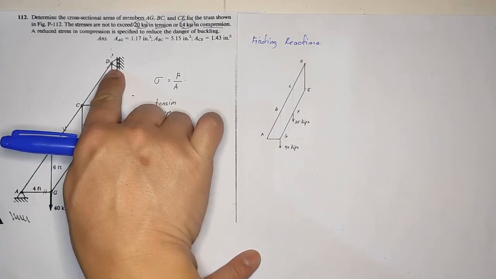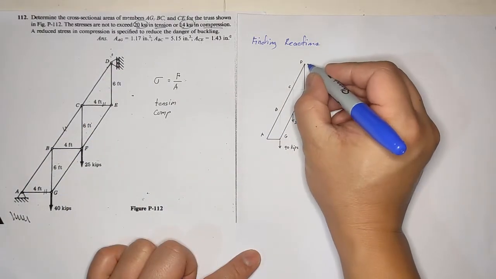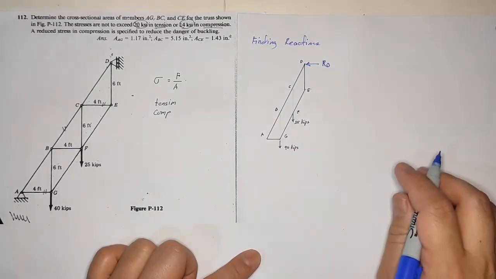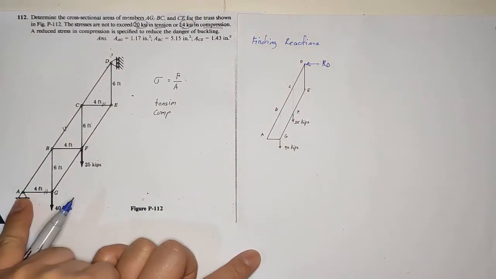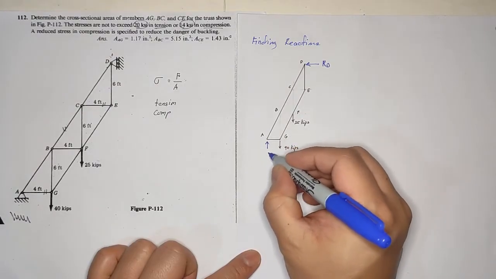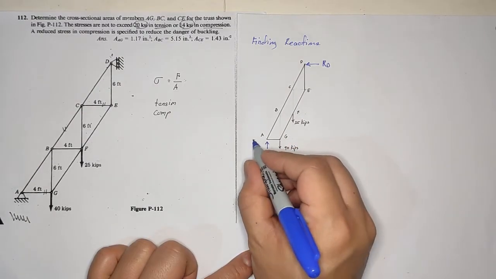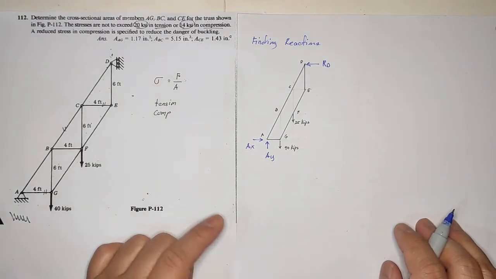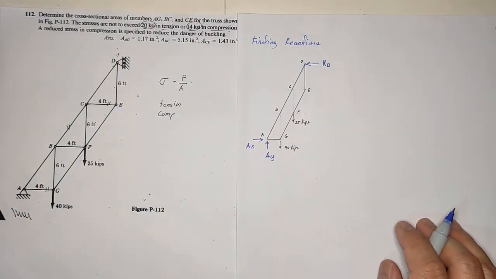You have here a roller, meaning you have only one direction. Let's call that RD. Then here's a pin, so you have, let's call that AY, and this one is AX.